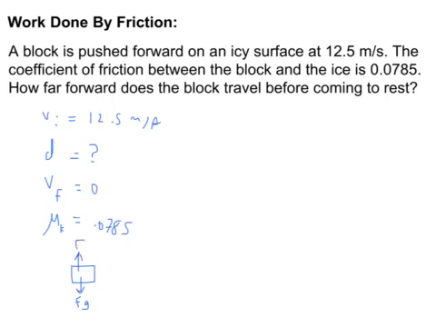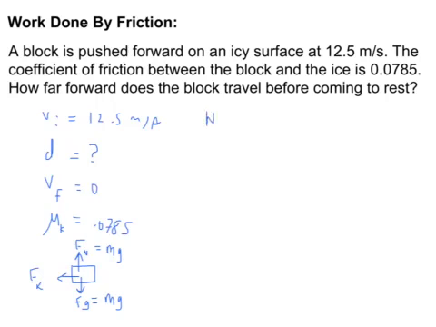The normal force pushes up, and each of those is equal to mg, and friction pulls back, Fk, and we know that friction is equal to mu times the normal force, which will be mu times mg.